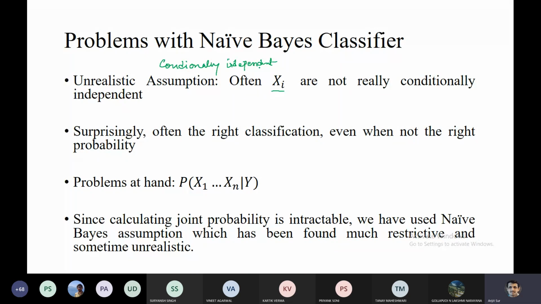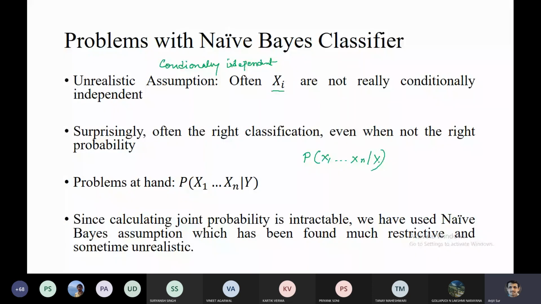That is the main logical limitation of naive Bayes. Although, surprisingly, naive Bayes does some right classification even when the probability is not right. So the classification may be proper, but the corresponding probability may not be that correct. Mathematically, our problem is x1 dot dot dot xn given y.